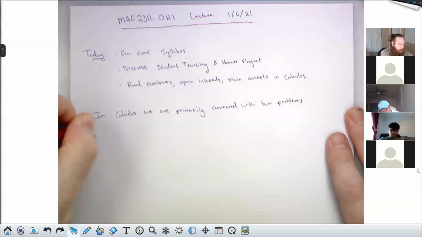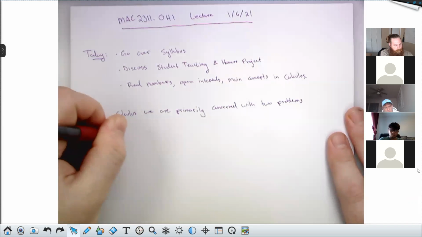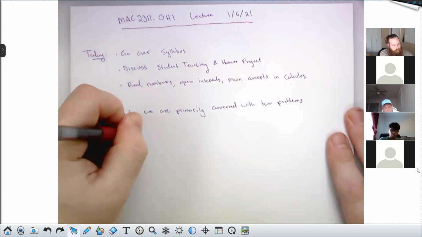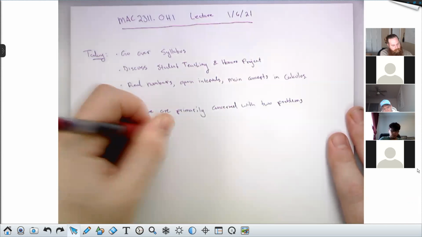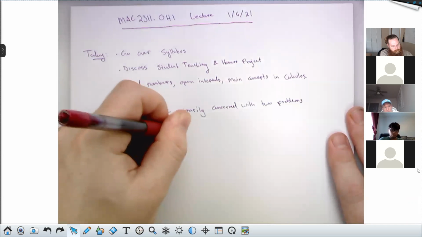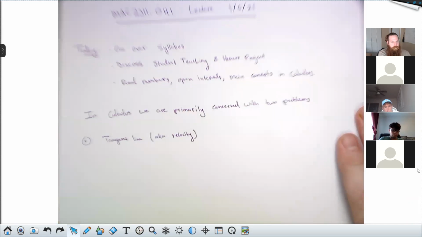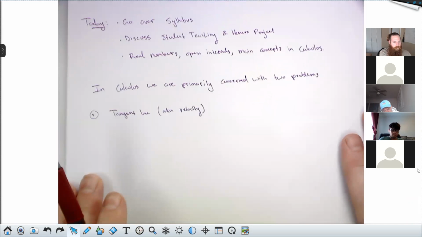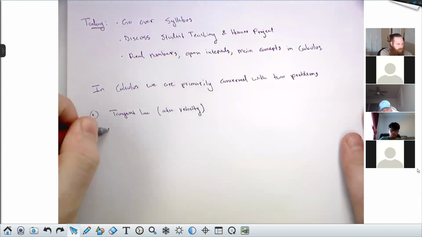The first of those problems is called the tangent line. This is AKA velocity. So if you're familiar with the term velocity from physics, that is intimately related to the concept of a tangent line. And I'm just going to draw a picture here to show you what a tangent line is.